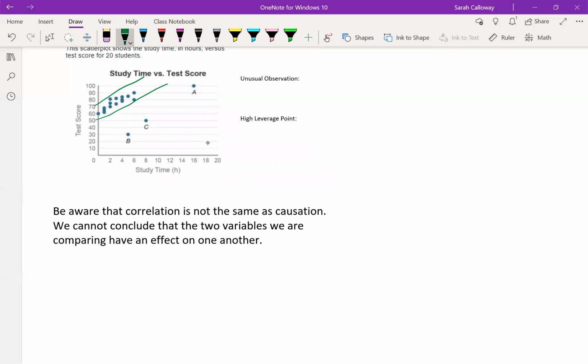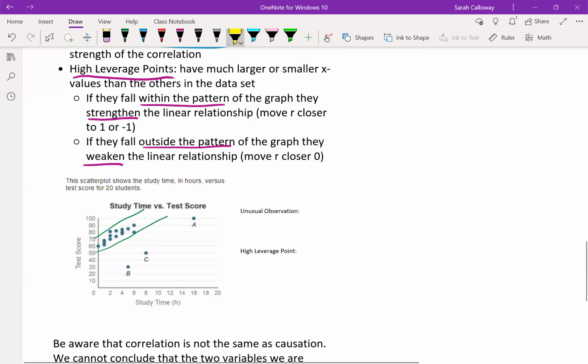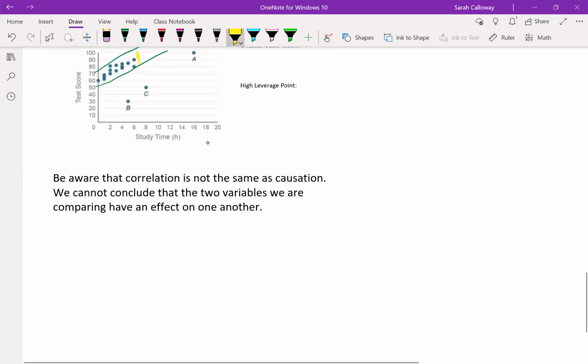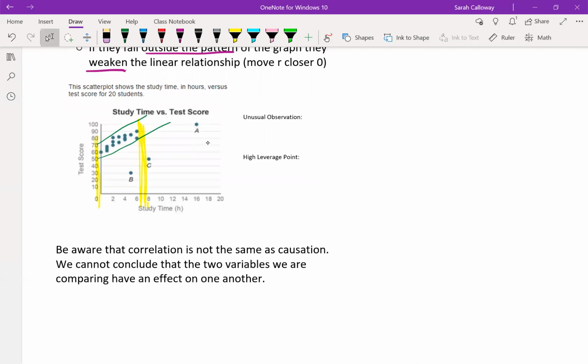Since a high leverage point is about the X values, what I want to look at is where my X values lie within the pattern. My X values look like they go mostly between 0 and 8. A high leverage point is something that has an X value that's much larger than the X values in the data set. Yes, 8 is past the X values that are given, but that doesn't make it a high leverage point because it's not much larger.